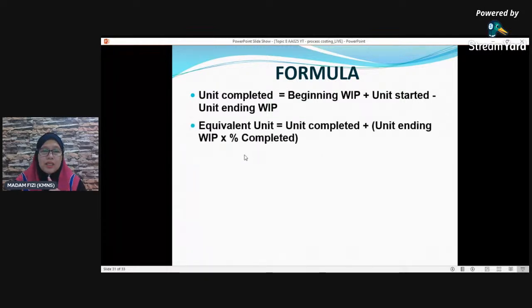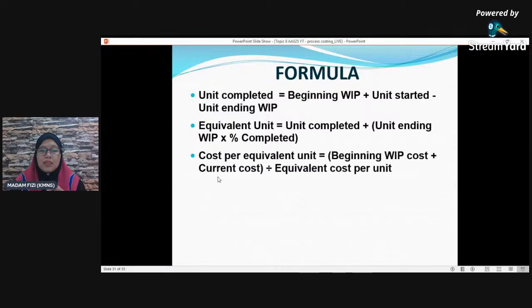Okay. Secondly, equivalent unit equals to unit completed plus unit ending WIP multiply by percentage completed. Yang ni ada tadi. And then ada lagi, thirdly, cost per equivalent unit equals to beginning work in process cost plus current cost divide by equivalent unit.